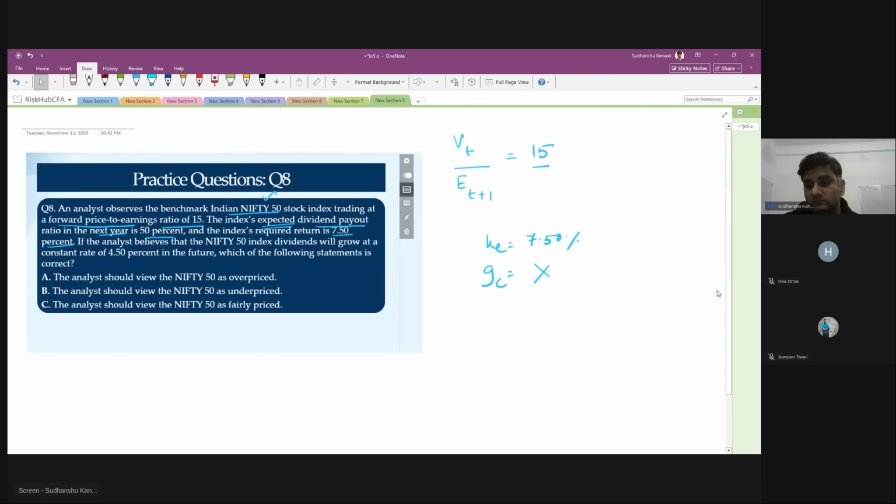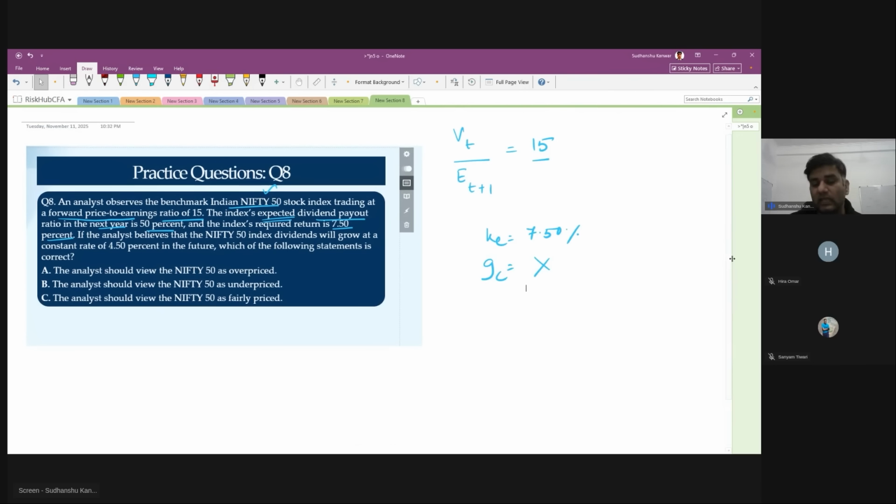So what you need to understand here is dividend payout ratio is a fancy name for a very simple thing. In finance, as we go ahead, you will realize anything which is a payout ratio is a ratio.